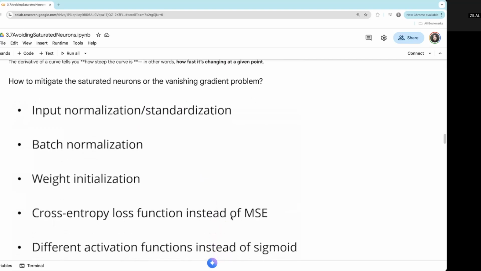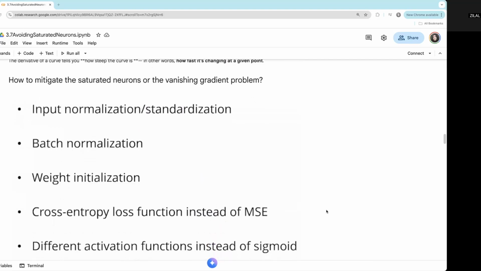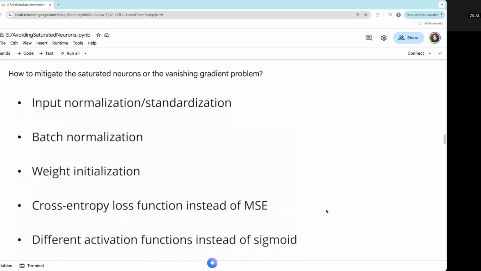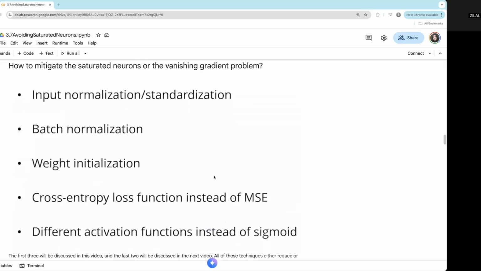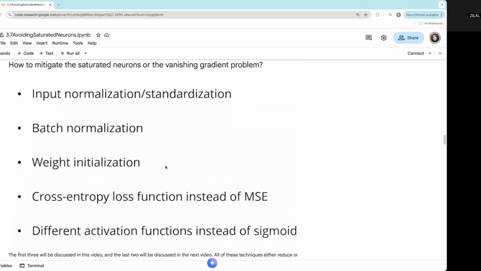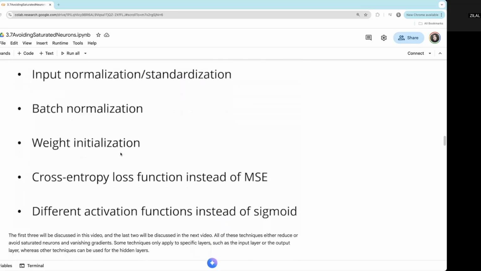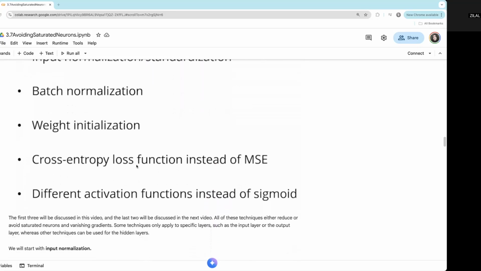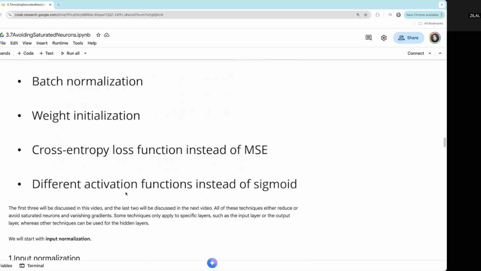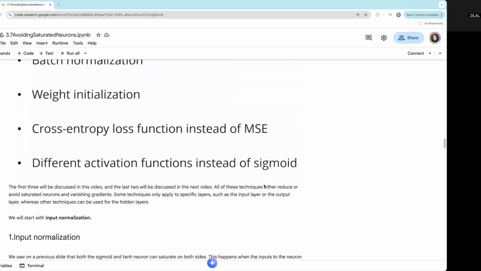Now, how can we mitigate the saturated neurons or the vanishing gradient problem? There are some techniques like input normalization, batch normalization, weight initialization, cross entropy loss function, and different activation functions instead of sigmoid.